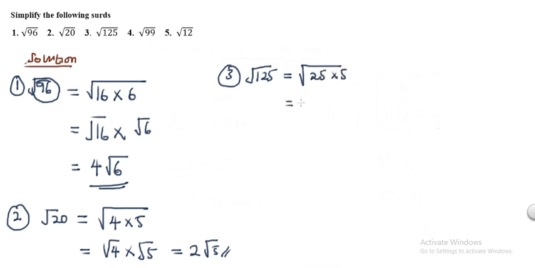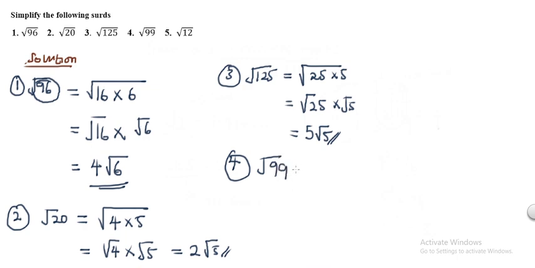From here, we can separate it and say root 25 times root 5. So that this is equal to root 25 is 5. So this is 5 square root of 5. That's it for root 125. Then for the next example, we have root 99.